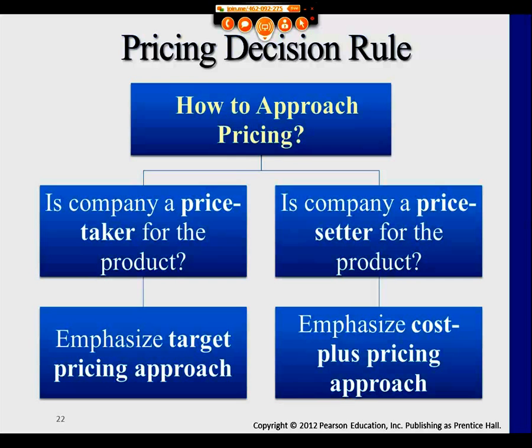As I just mentioned, but I want to emphasize this, price takers use the target pricing approach, while price setters are going to use the cost plus pricing approach. Okay? Price setters have more power to determine the price of the product. Price takers pretty much have to go with the flow of the market.